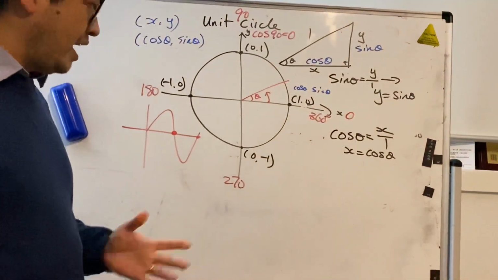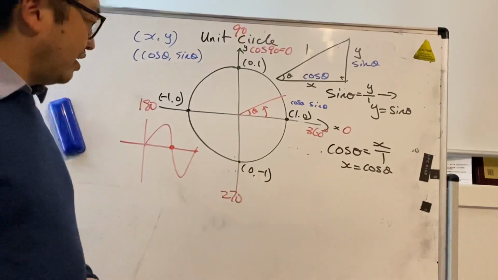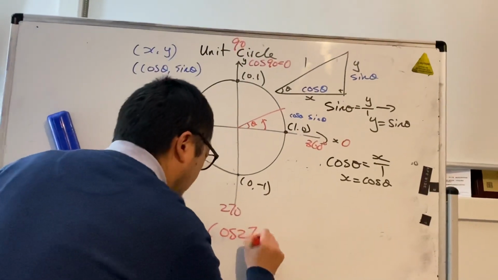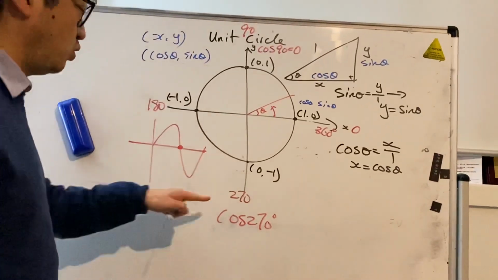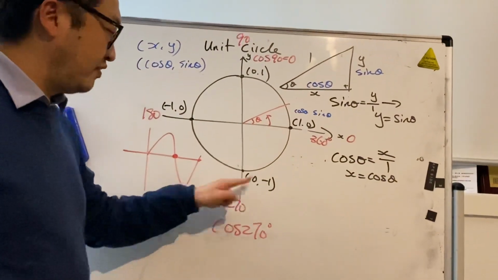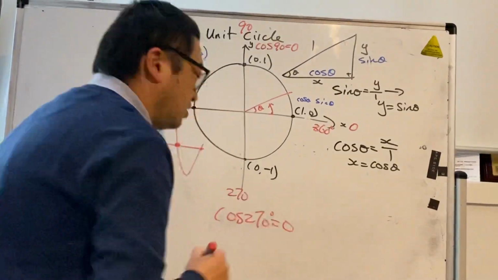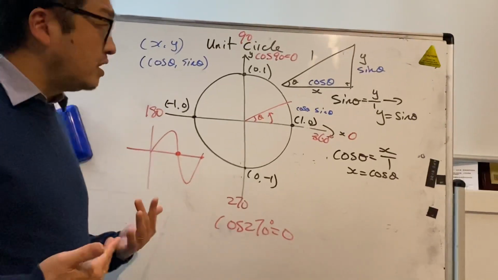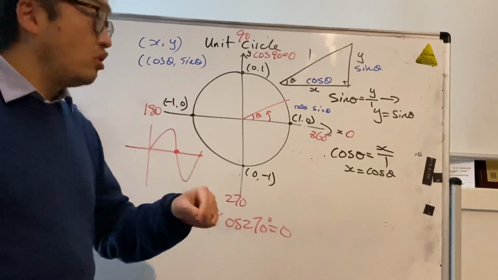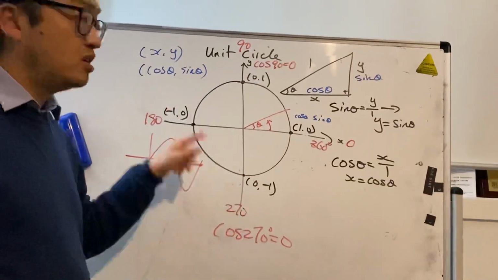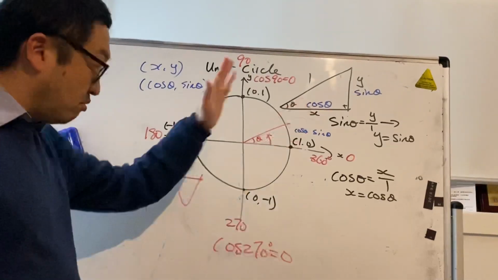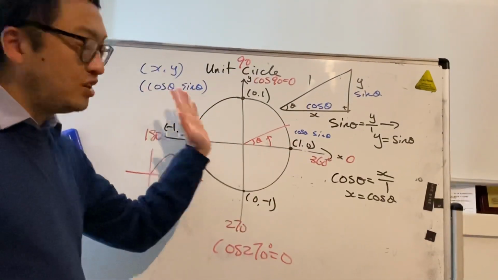If somebody says, hey, without using your calculator, can you tell me what's cos 270? I'm looking at 270 here first. Cos 270 is 0. So what I'm hoping to demonstrate is there's no point memorizing every single value. You'll drive yourself crazy if you do that. Remember the picture and everything just flows.